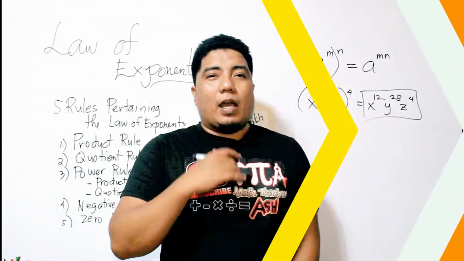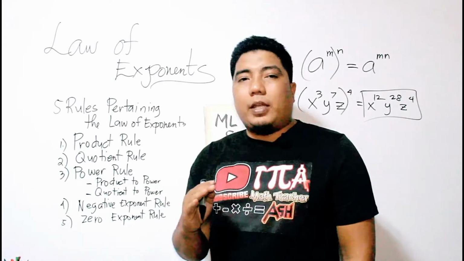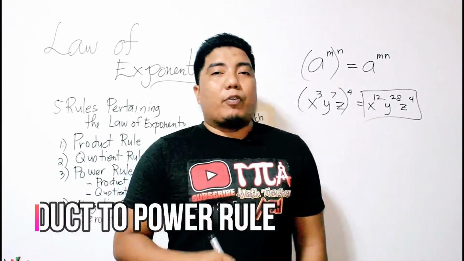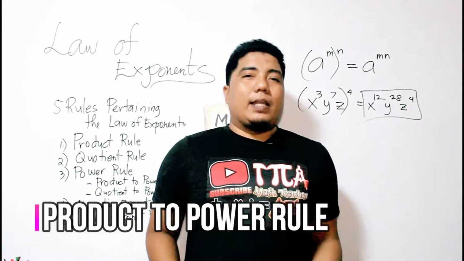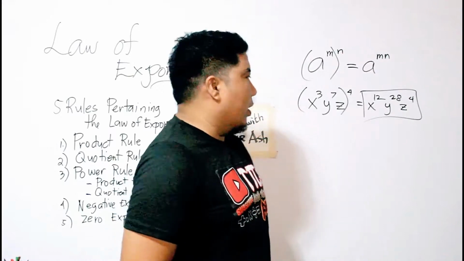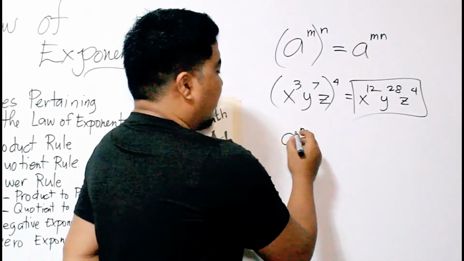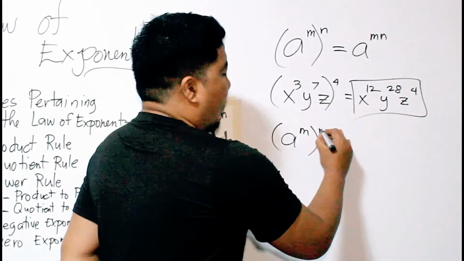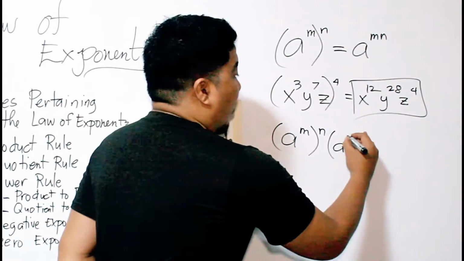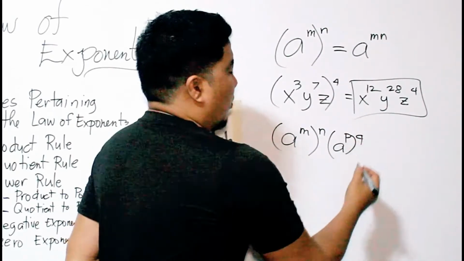Easy, right? Now, what do the other two subrules mean? The product to power rule and quotient to power rule. For the product to power rule, basically, that is a combination of the product rule and the power rule. For example, you have a to the power of m, powered up to another exponent n, and then a to the power of p, to the power of q.